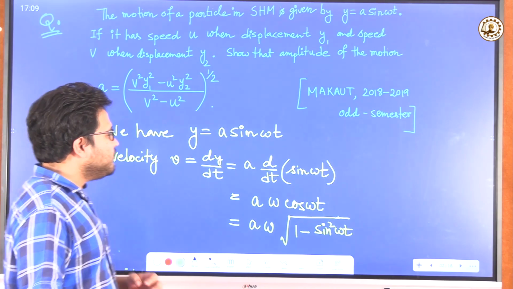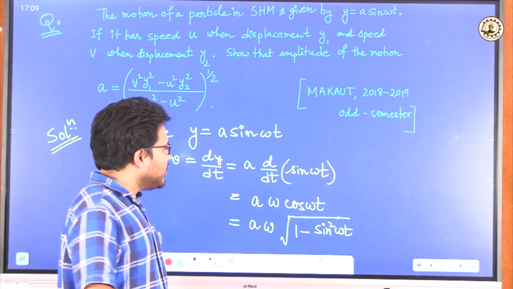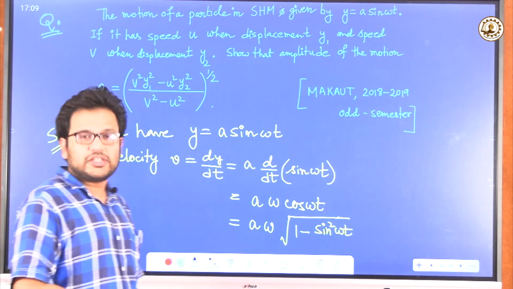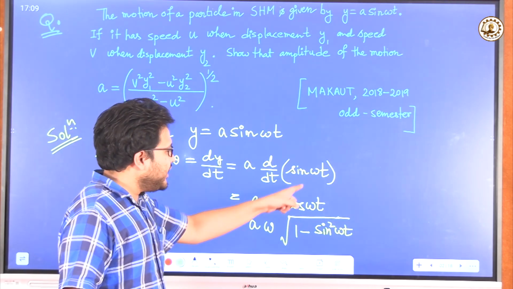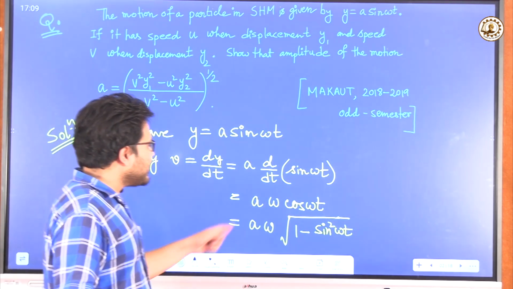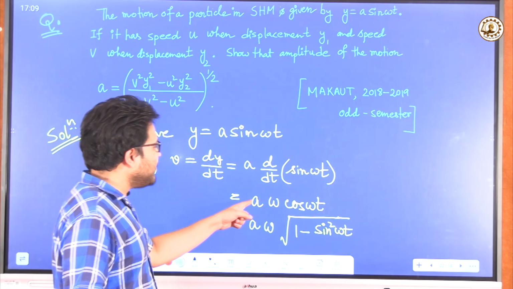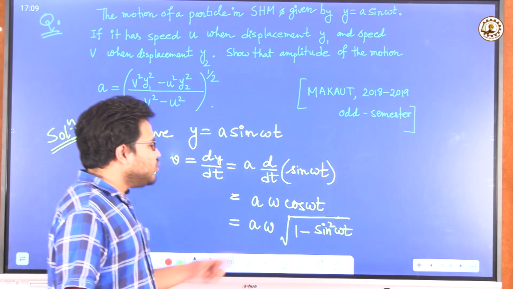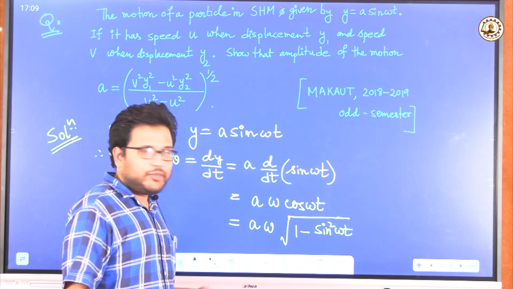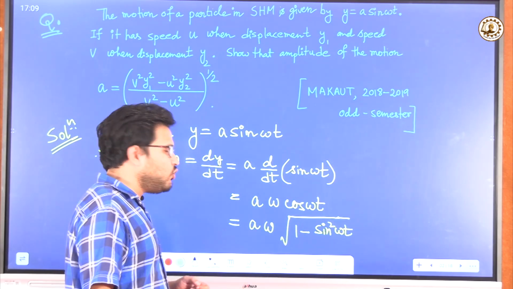If we take the first order derivative of the sine function, we get the cos function, and omega in this case is a constant. So after the derivative is complete, we have a omega cos omega t, and cos omega t is nothing but root under 1 minus sine square omega t.